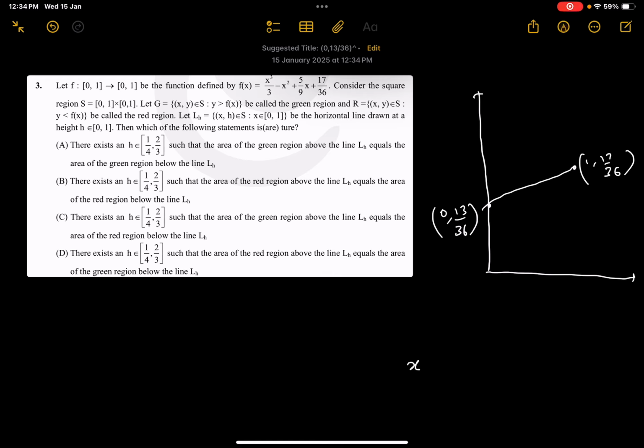And its derivative there is x square minus 2x plus 5 by 9, which is (x minus 1) squared minus 4 by 9. So is it always negative?